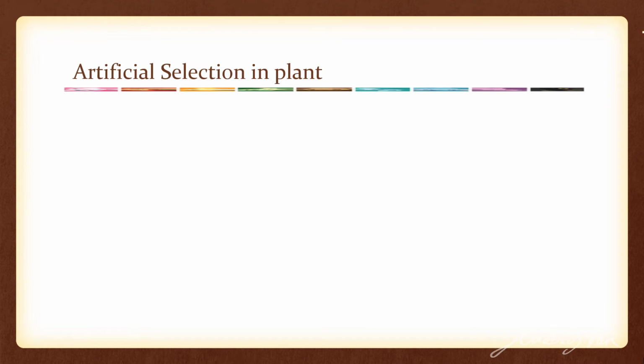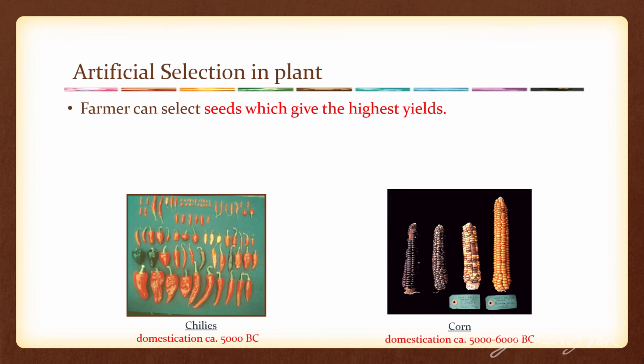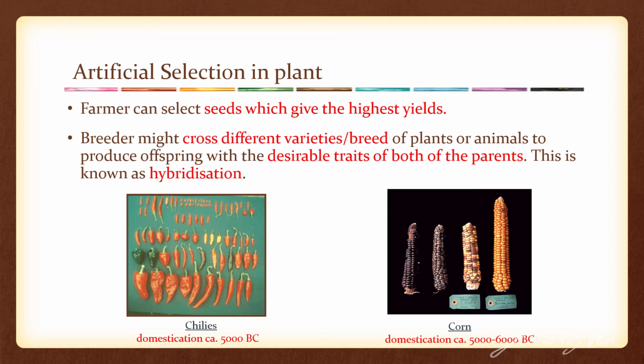So what are the examples? Some example of artificial selection in plant is farmer can select seed which give the highest yield. So as you can see, chili have been domesticated for a very long time, as well as corn. And breeder might cross different varieties or breed of plants or animal to produce offspring with desirable traits of both parents.